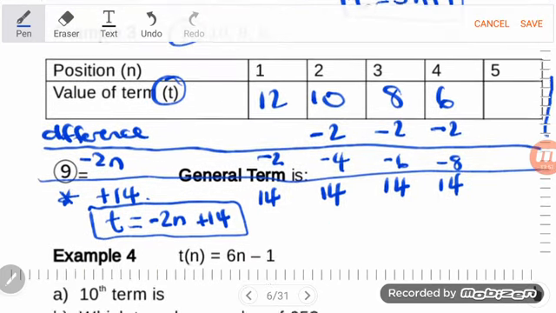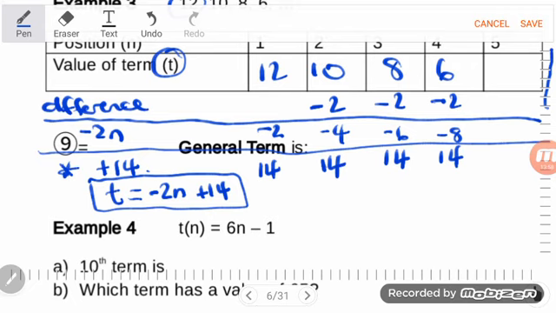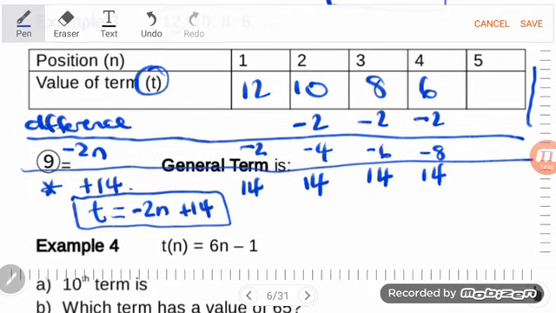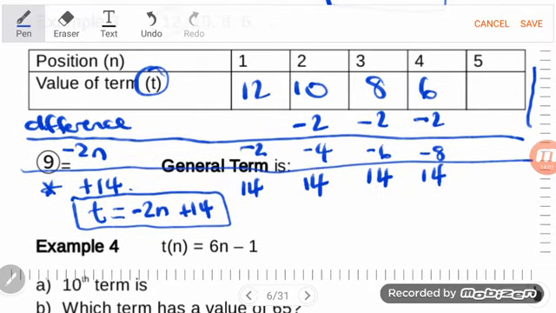So let's use this rule to work out what our fifth position term will be. What's the value of our fifth term? So let's look at this. If n is equal to 5, we just replace or substitute the n for a 5.